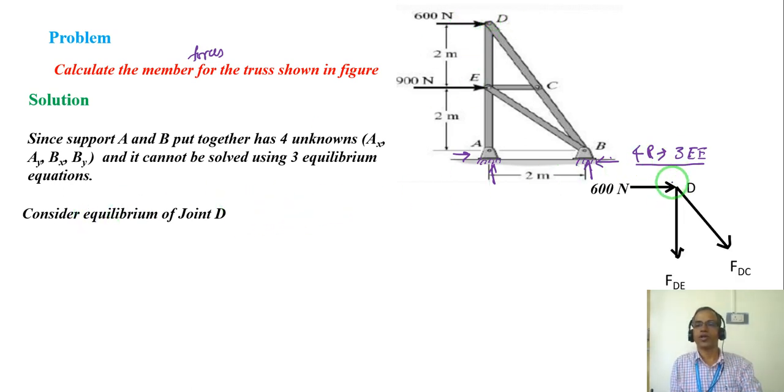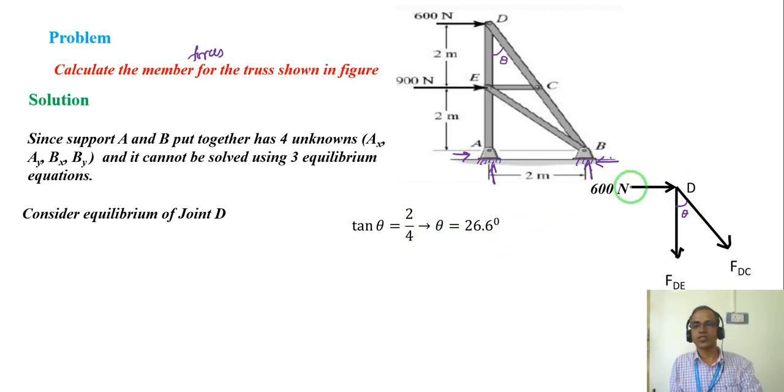So this is joint D. Now I need to get this angle theta, because if this is theta, the opposite is 2 and the base is 4, so tan theta is 2 by 4, and theta is tan inverse of 2 by 4, which is 1 by 2, and it gives 26.6 degrees. So the angle theta equals 26.6 degrees.